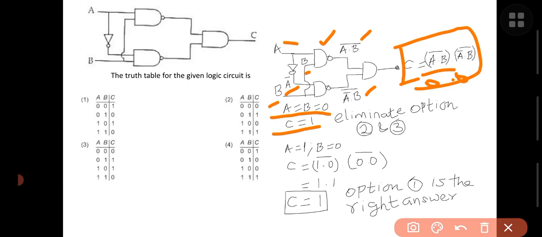Look at the truth table for the given logic circuit. Option 1: when both inputs are 0, C is 1.